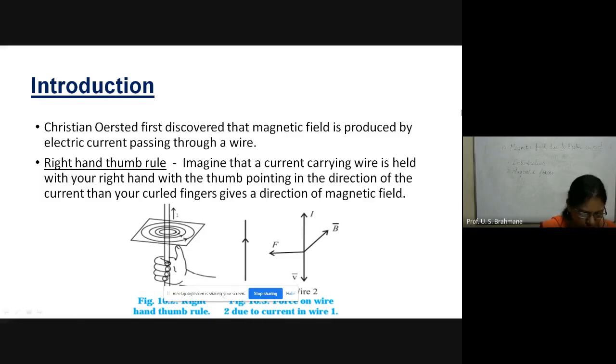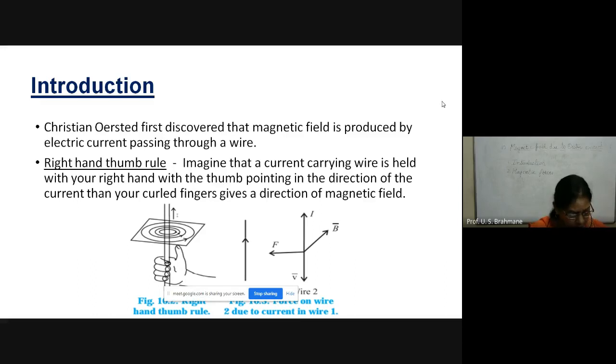Then we also know that Gauss, Henry, and Faraday showed that there is a connection, that the electric field is a partner of the magnetic field.